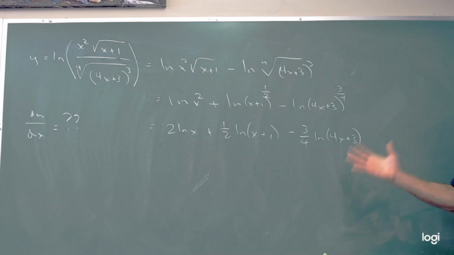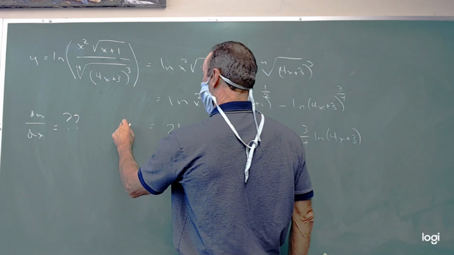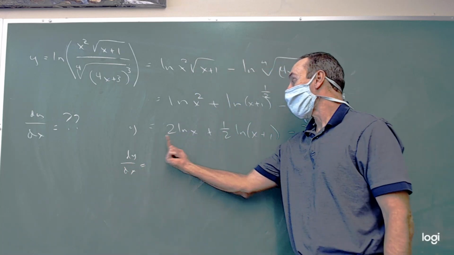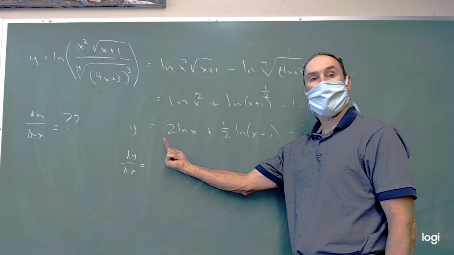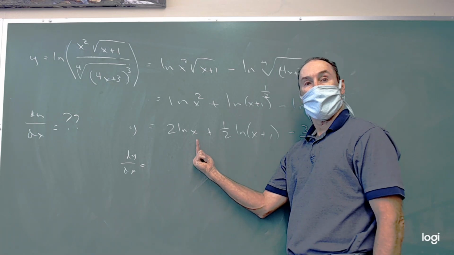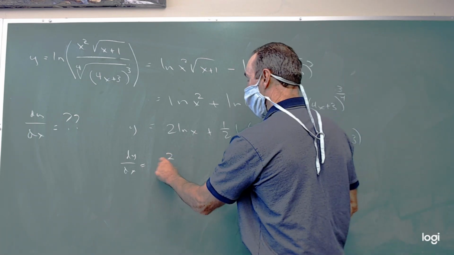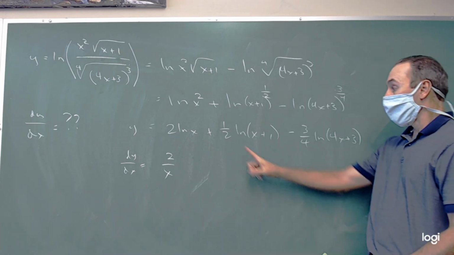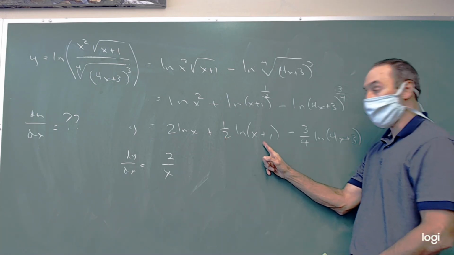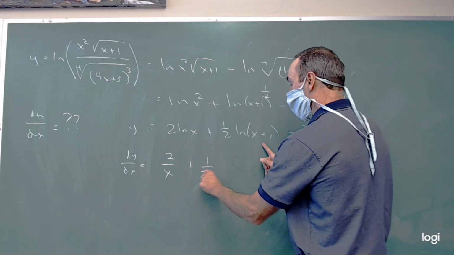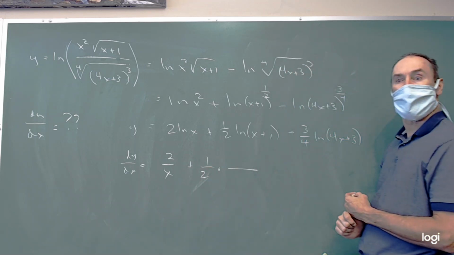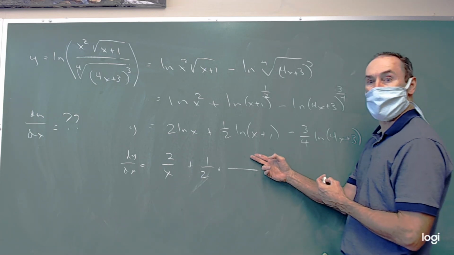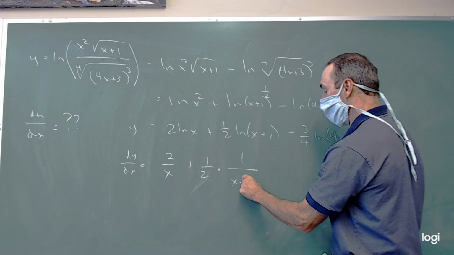Okay, now we're ready to take a derivative. This is our y, now we'll take our derivative. So derivative of a constant times natural log x is going to be the constant times 1 over x. It's going to be 2 over x. With me? Derivative of a constant times natural log of u is going to be the constant times, what's the du going to be? Over the u.